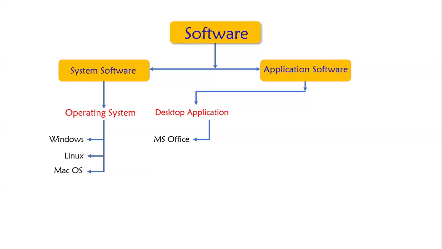So MS Office is a desktop application. Each and every system we have to install it on. Or the games we play, every time we have to install them on every system. Or VLC media player, Adobe Reader, all of this comes under desktop applications. To develop any of these, I need to learn a programming language.